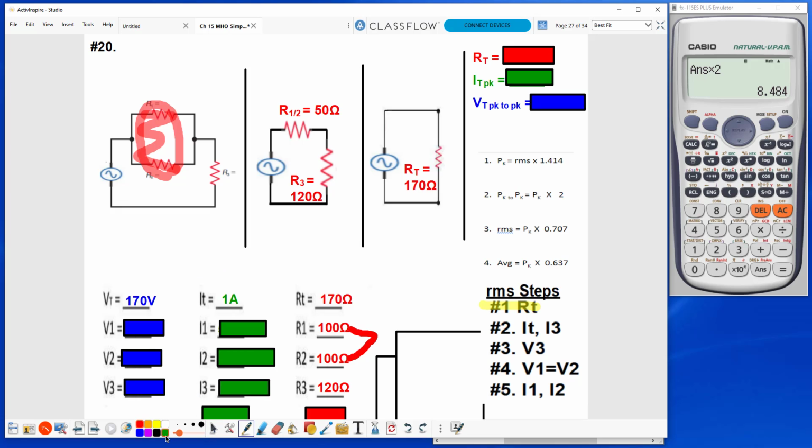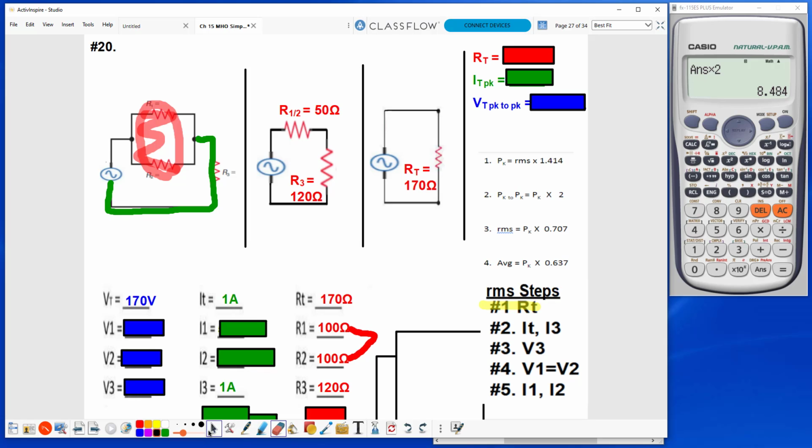Because all of the current that flows in the circuit must flow through the main branch. Remember, there's only one pathway for current to flow through. So this 1 amp of current that we just calculated by dividing VT by RT is going to be the same for I3, 1 amp, because I3 is on the main branch.